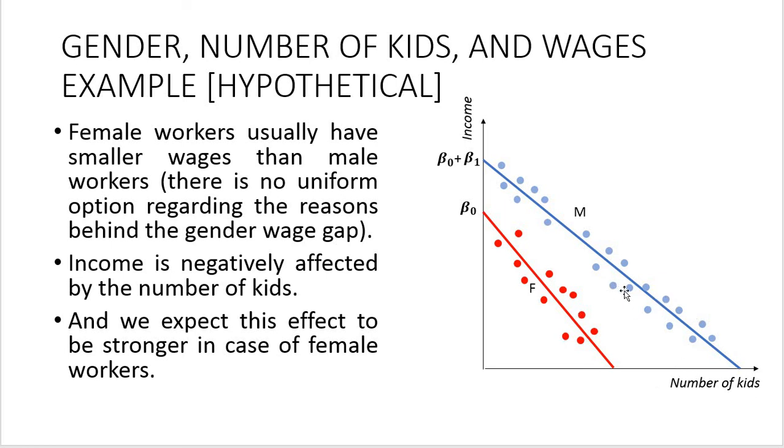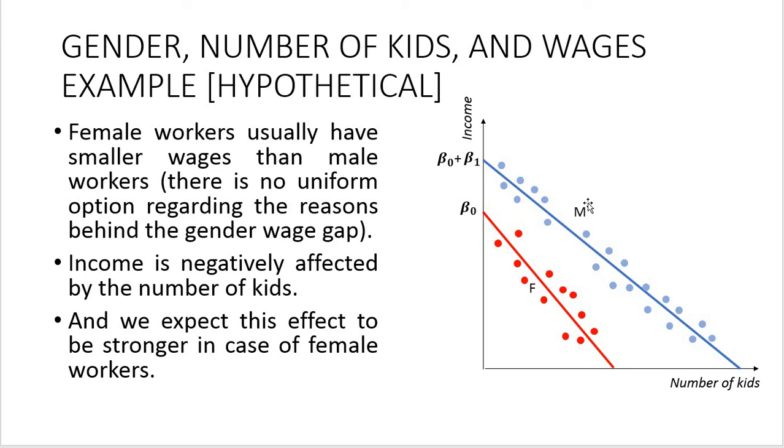You can compare the slopes of those two lines. The slope of the line would indicate the loss of income depending on the number of kids. So if our intuition is correct, then for females, income shall decrease faster depending on the number of kids than for males.